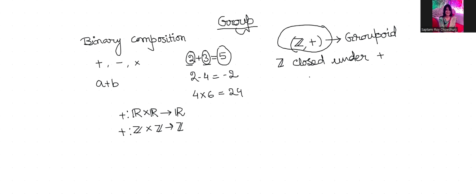Now, all of you please think about whether the set of natural numbers is closed under subtraction. Think about it yourself. We will go to the next slide. You can reply with your answer to the previous question in the comments.